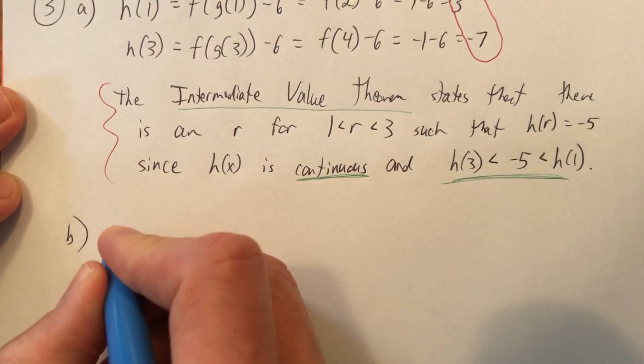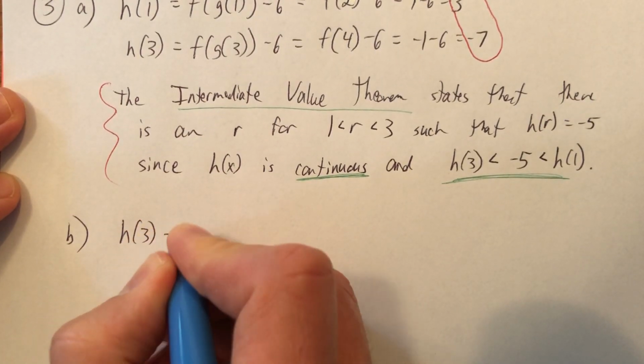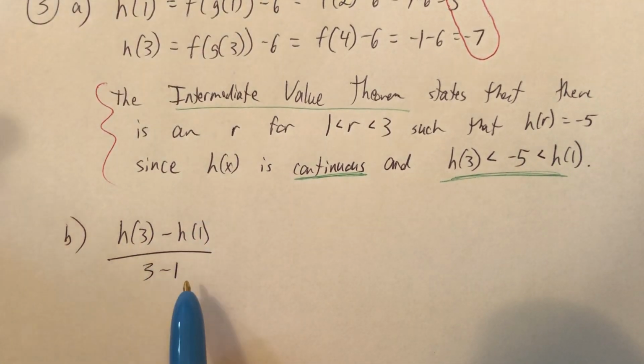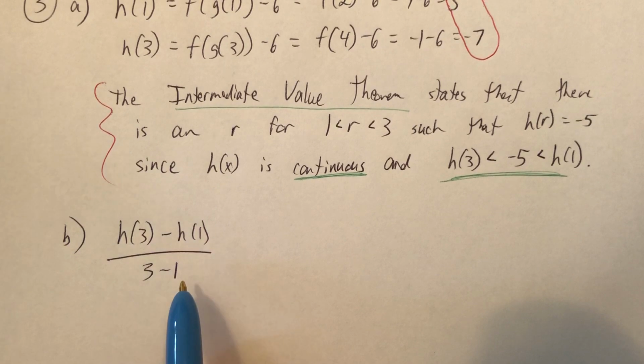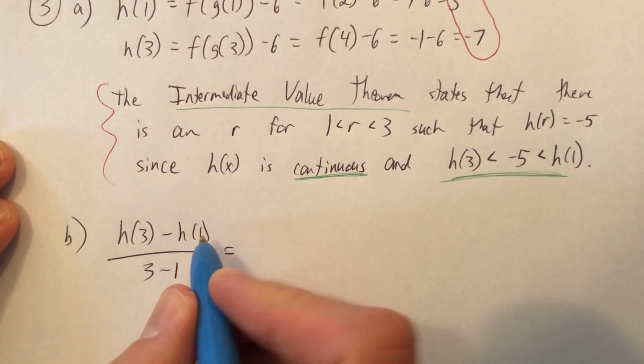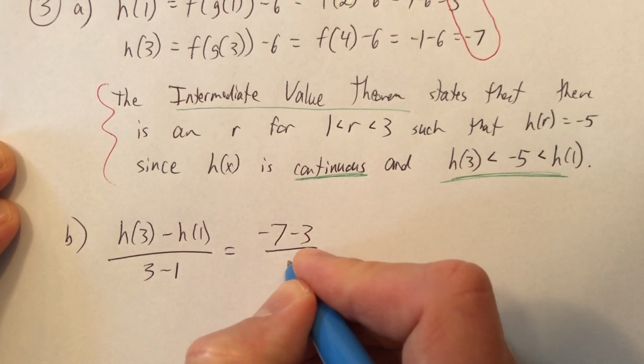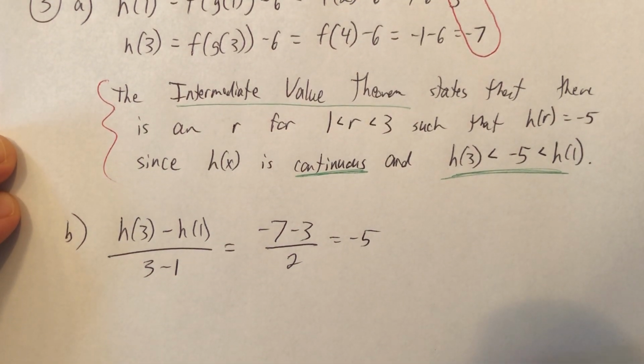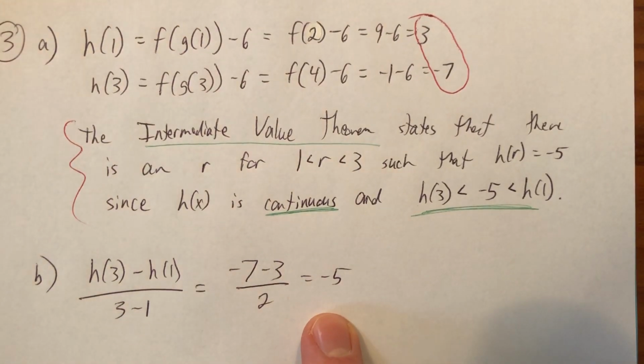So I'm going to find h of 3 minus h of 1 over 3 minus 1. This is basically the average value. It's an average value, mean value, same idea, right? So I already figured out what those are. That's -7, then -3 over 2, so -5, right? Okay, so the slope between 1 and 3 is -5, right?